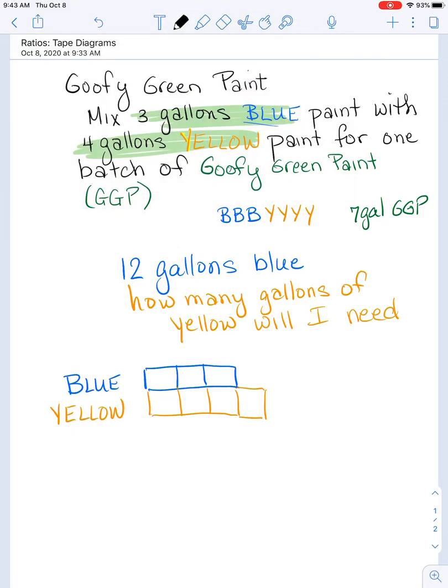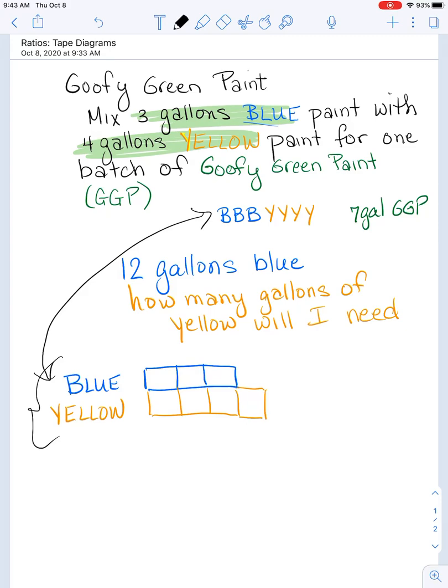Okay, so these two things are actually the same, right? So this is the same as this. They're both the recipe. Now, how am I going to use this tape diagram to solve the problem? Well, I have to ask myself a couple of things.